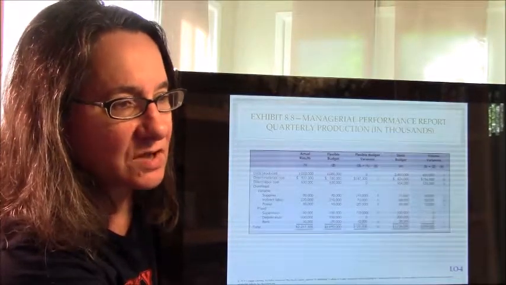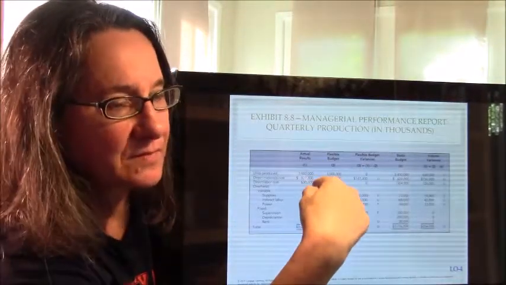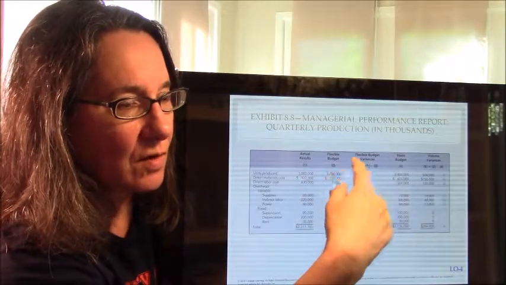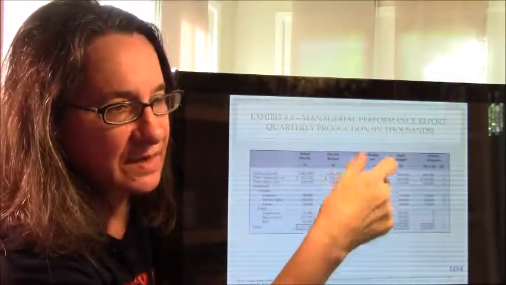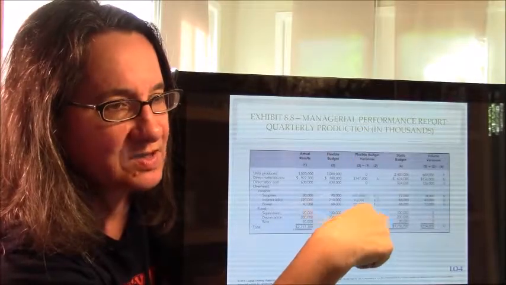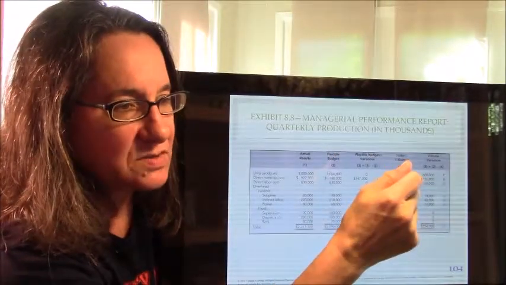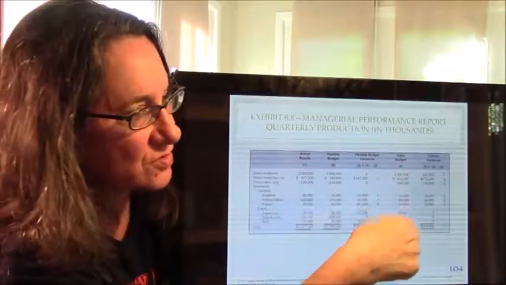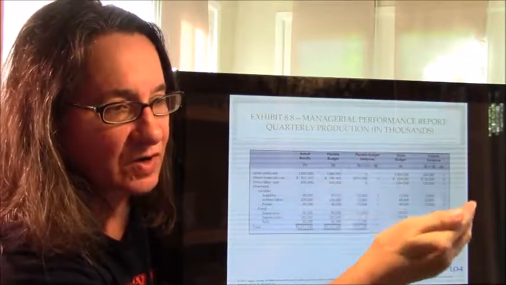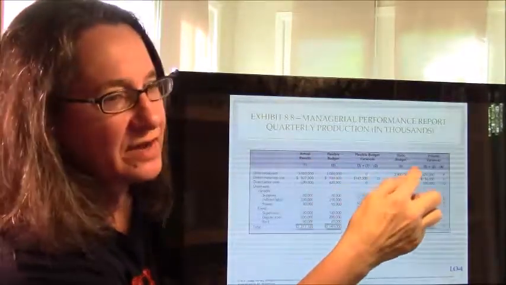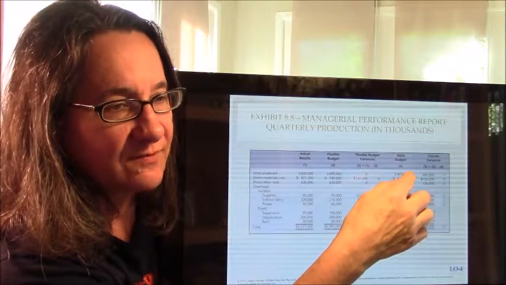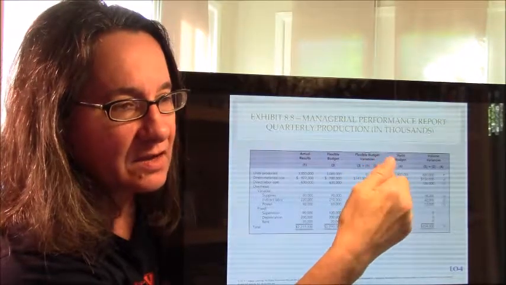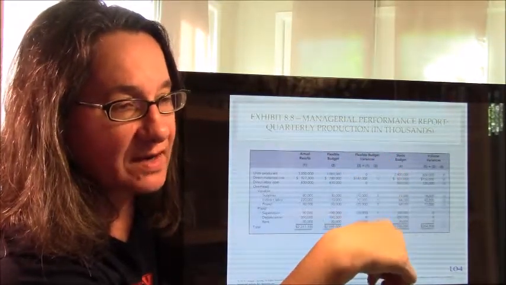What we actually sold was 3 million. All right? So what I can do is flex the budget, the second column, flexible budget, which is where I take the numbers I used to create the static budget, in other words, the cost per unit, and I say, well, what if I had known that instead of making 2,400,000, I was going to make 3 million? What would I have predicted?